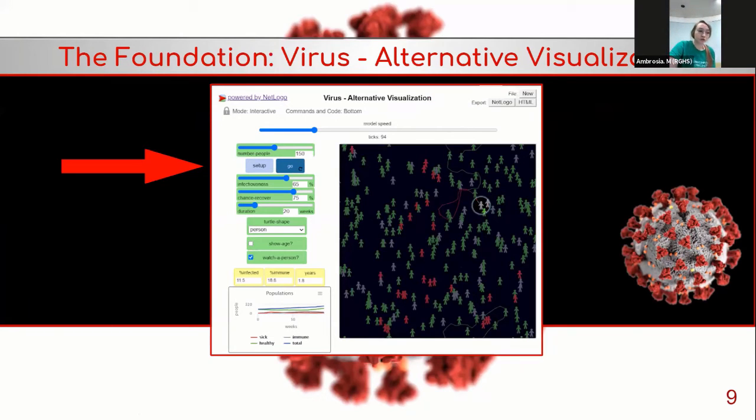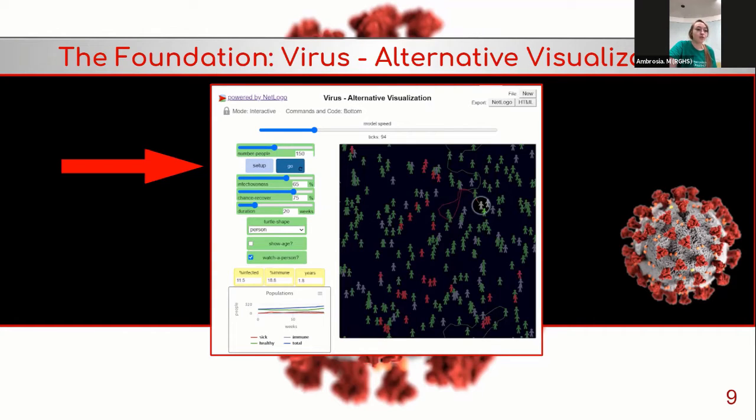So the model we started with from netlogoweb.org is the virus alternative visualization model. Using this as a foundation made it easier for us as beginners in coding to understand what the code does and how changing or adding things to the code affects the model itself.